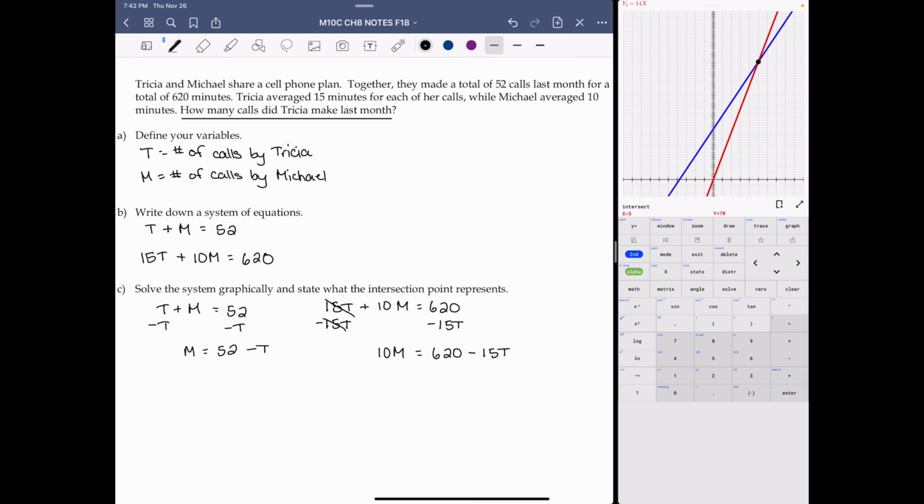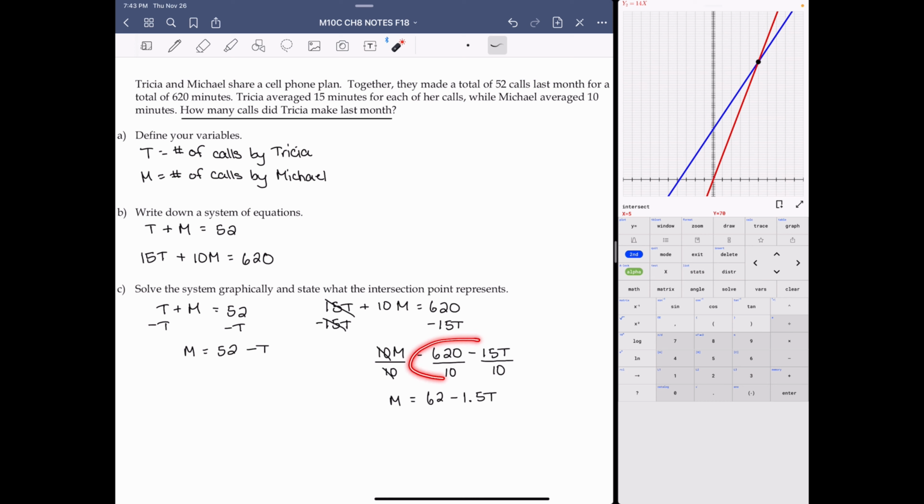I have 10m, I want 1m. I need to divide all of my terms by 10. Divided by 10 is 1. We get m equals 620 divided by 10 is 62, minus 15 divided by 10 is 1.5t.